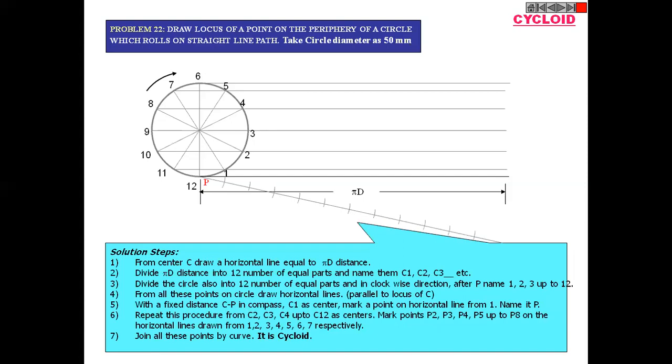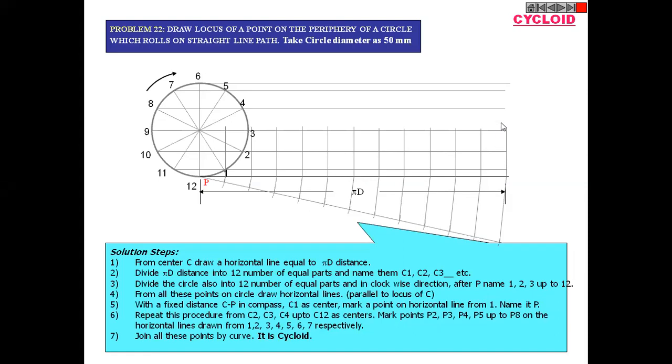After generating 12 divisions, join the last division to the end point of the line which will be divided into the same number of equal parts. Then draw all parallel lines to the last line by using the set square. So this directing line is divided into 12 equal parts.